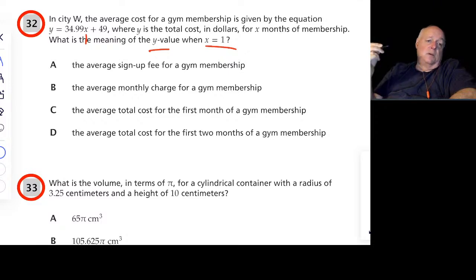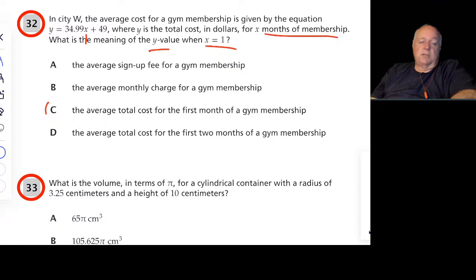Because if you went 2 months, you would be paying $34.99 times 2 plus 49. So when x is 1, since x represents the months of membership, y must represent your total cost for 1 month of membership. And the only one that's that is C.